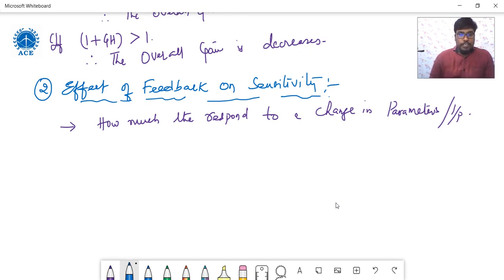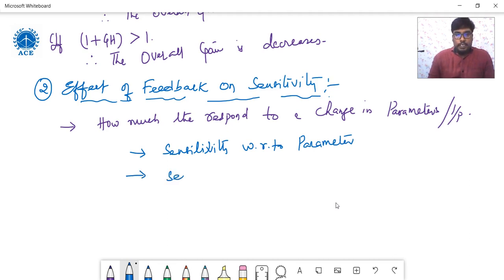The control action will be taken as sensitivity with respect to parameter, and the remaining part of the system will be taken as sensitivity with respect to input.